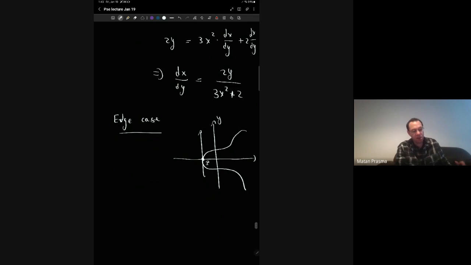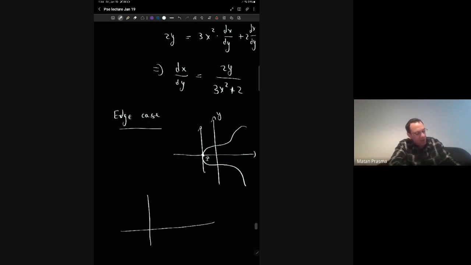I mean, of course, it could be that the derivative doesn't exist for other reasons. I mean, the derivative here, we would like to say that it's infinity, and that there is a tangent line.